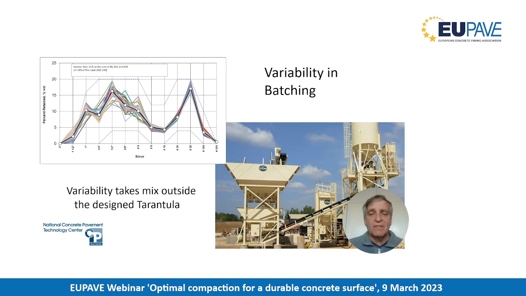When we look at variability in batching, here is a tarantula curve, and I'm sure Mike in the next segment will be talking about it. But as we look at batch after batch, these are all lines from batches, and they begin to walk outside of that curve as we look at each batch that's delivered to the job.